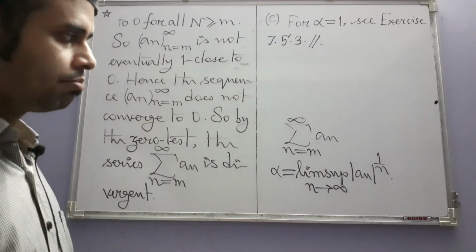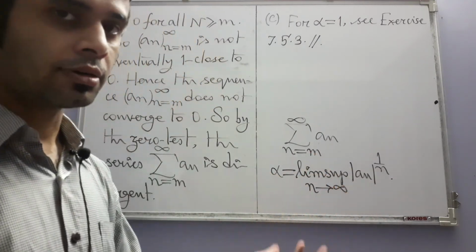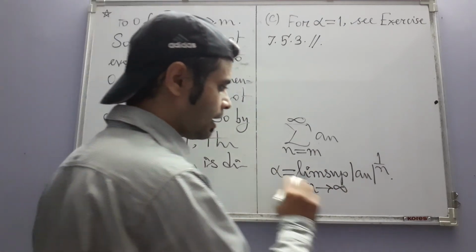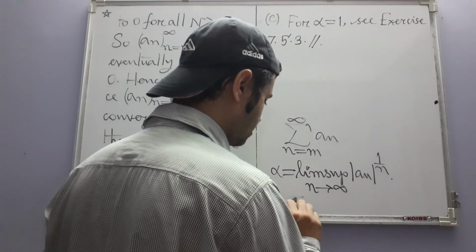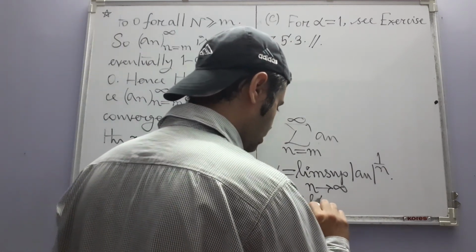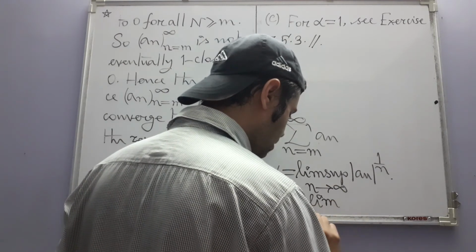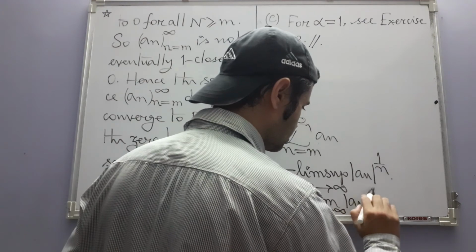Now if it happens that this sequence actually is convergent and it has a limit, then by the properties of limit superior and limit inferior, the limit superior will coincide with the limit of the sequence.